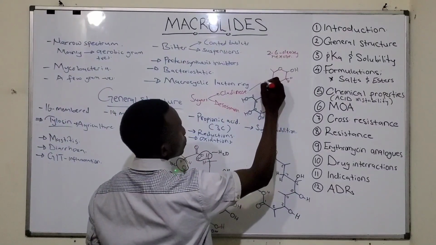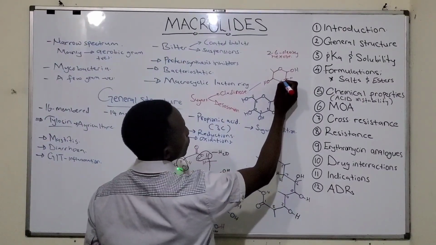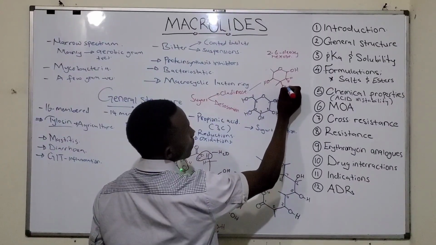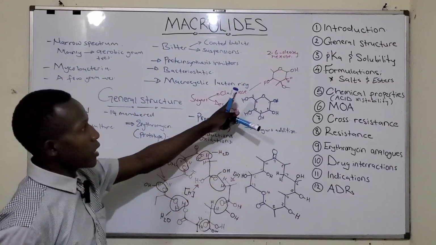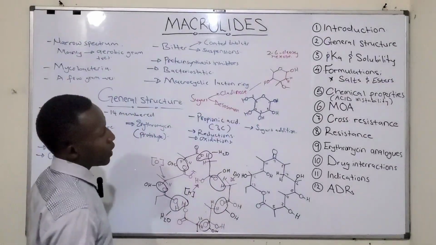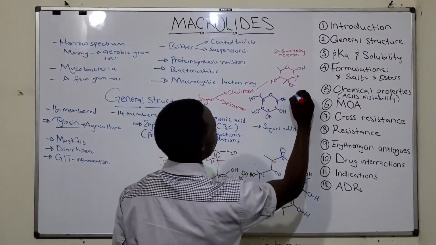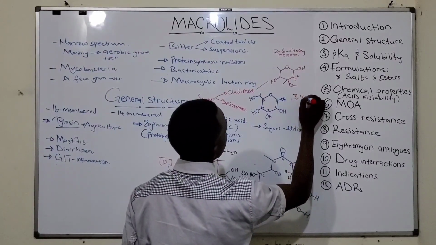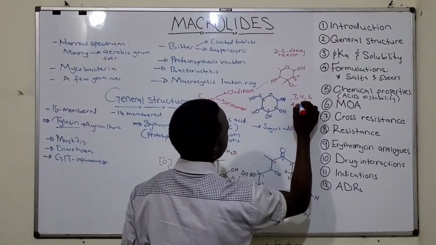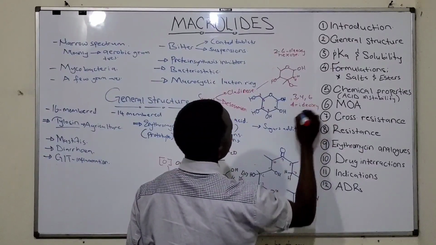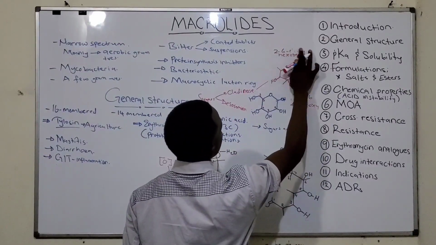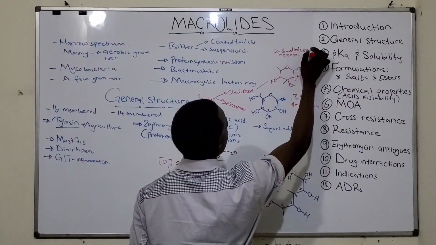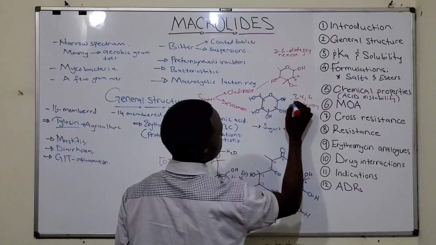Here we have the OH group. Here at position 3, there is a methyl group and a methoxy group, that is glutinose. And the succinylate is a 3,4,6 trideoxy. This one is a dideoxyhexose. This is a trideoxyhexose.